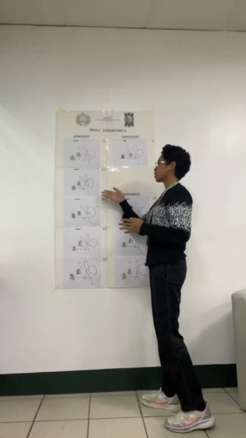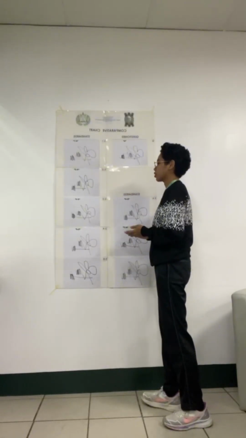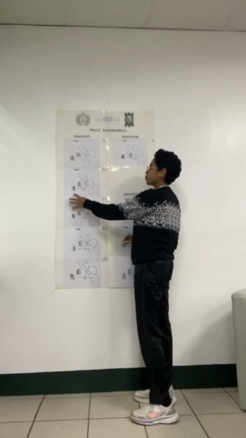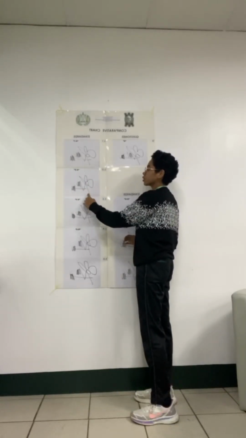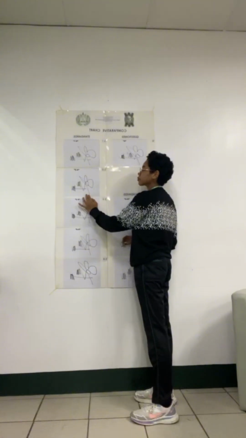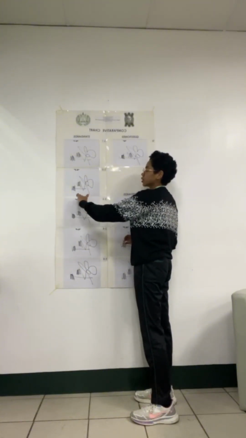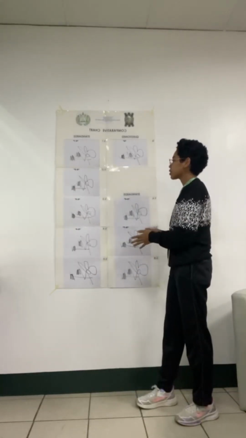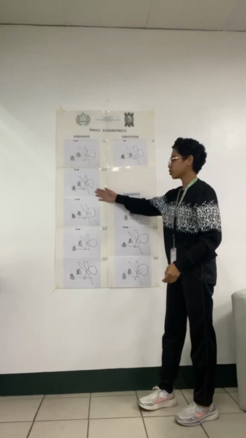Next is the alignment of the signature. The alignment of the signature is concave because from here it moves upward then down to the last part. Next is its proportion.